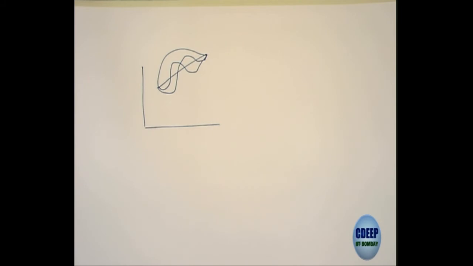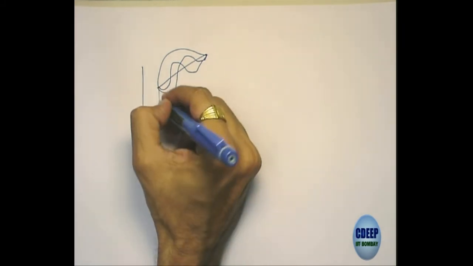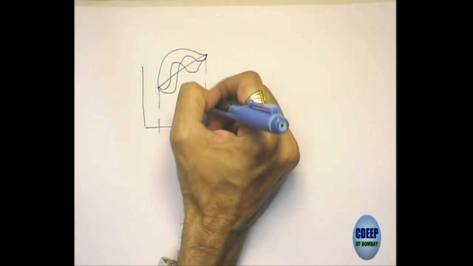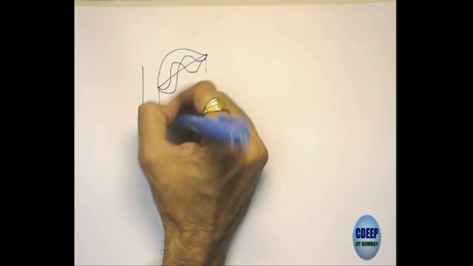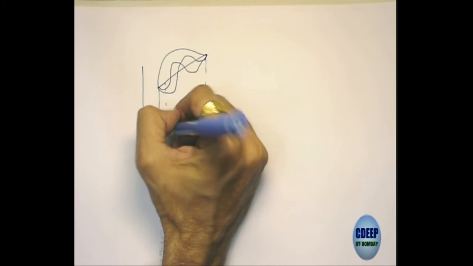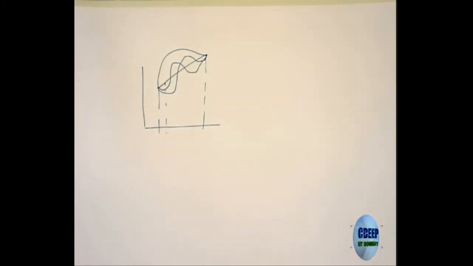That means effectively what you are doing is, at each x you are varying y, but you are keeping that point. When you are varying y, you are keeping x as fixed. At that x you are varying y.